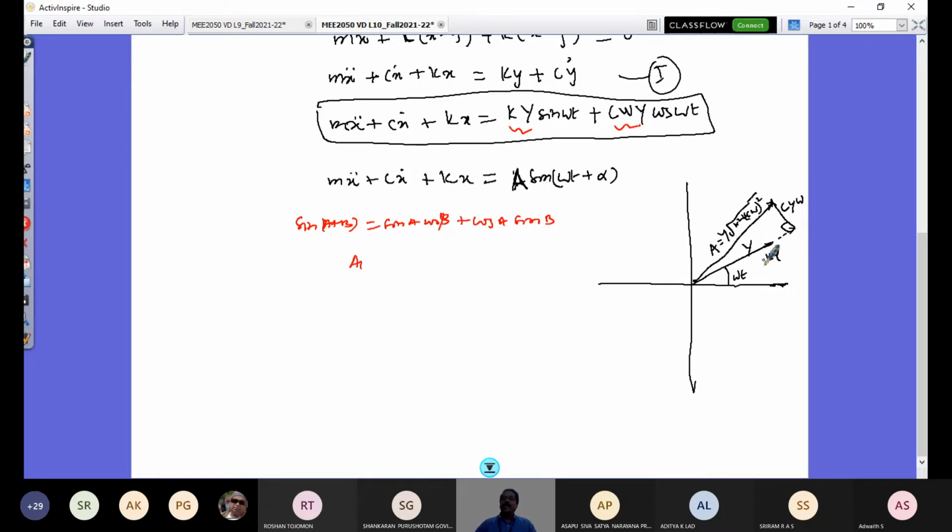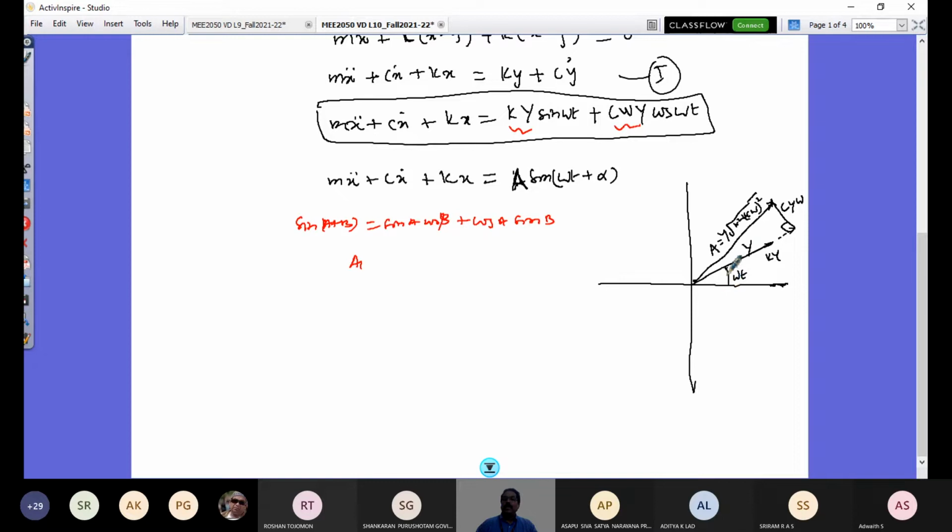Since the base is attached to the spring and damper, I will have force exerted on the base by the spring, and the damper is this. So the resultant amplitude of that is given like this. And this is what is now at omega t plus alpha. So what is omega t now?